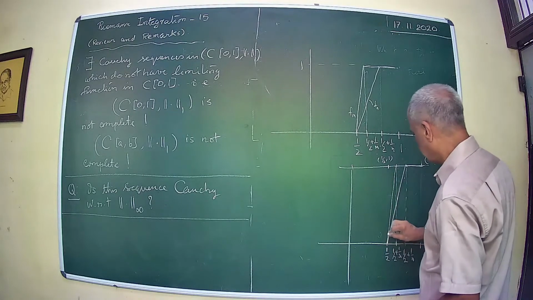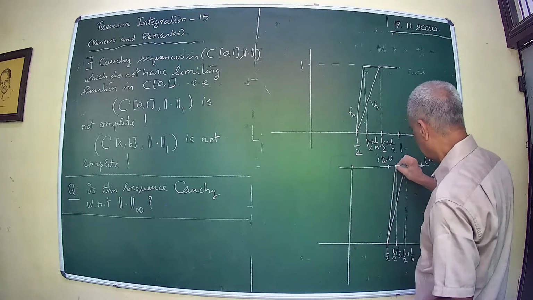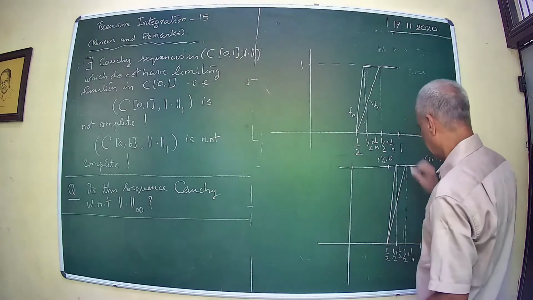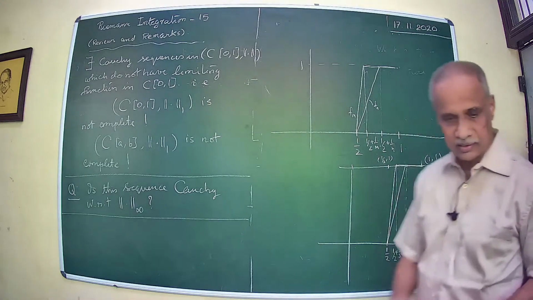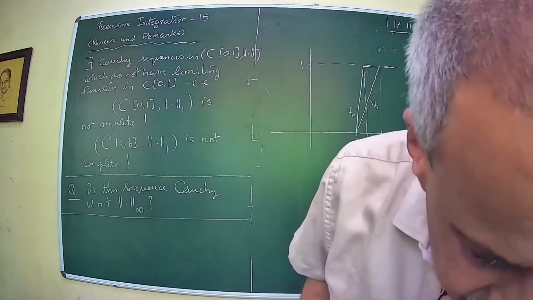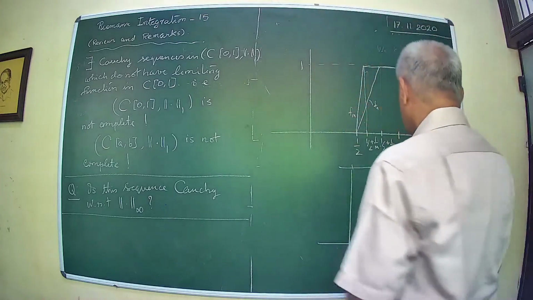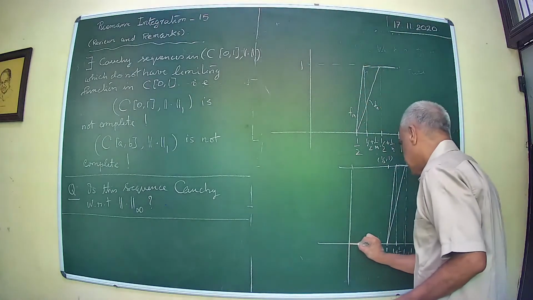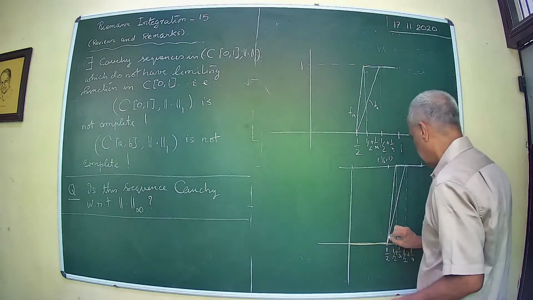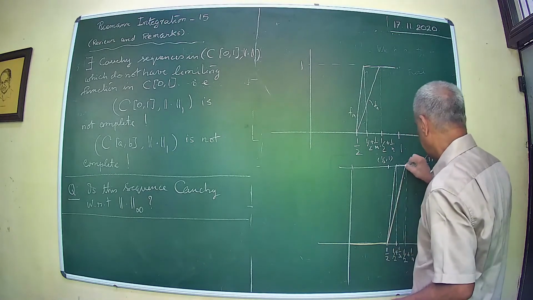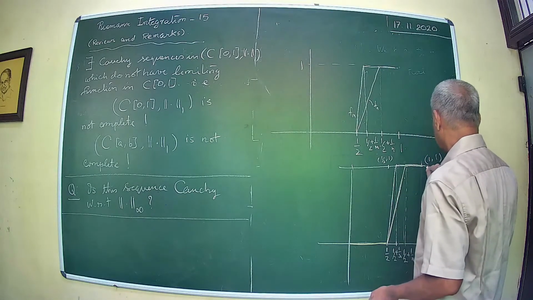So you have two functions. One is this one, the other one is this one. So I will mark them with two different colors. You have one function which is 0 here, then here, and then this is your function.